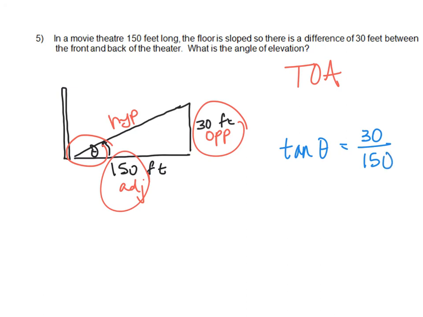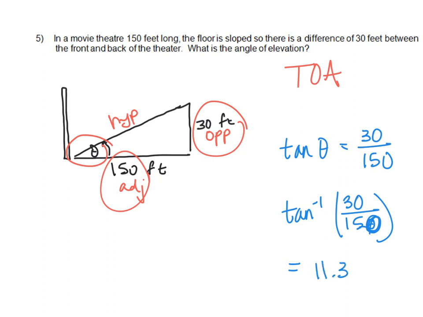Now again, anytime you're trying to find an angle, you bring in the inverse tan. So inverse tan of 30 over 150. That's a 0 down here. Kind of hard to tell. And then you go to your calculator. You do second tangent, type in 30 divided by 150 in parentheses, and we're getting 11.3 degrees for our angle of elevation.